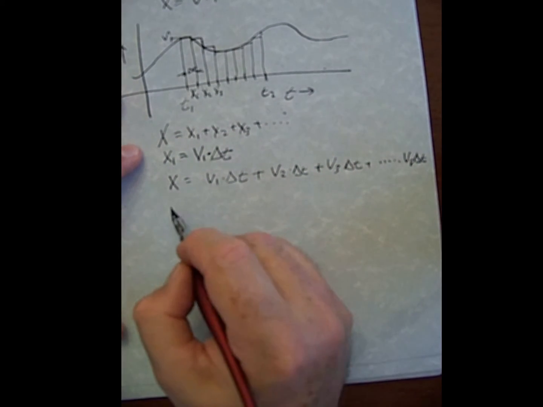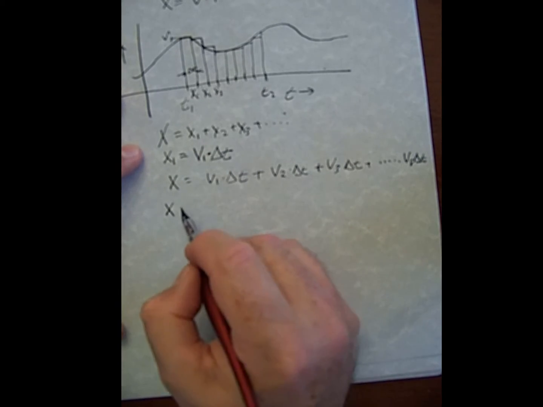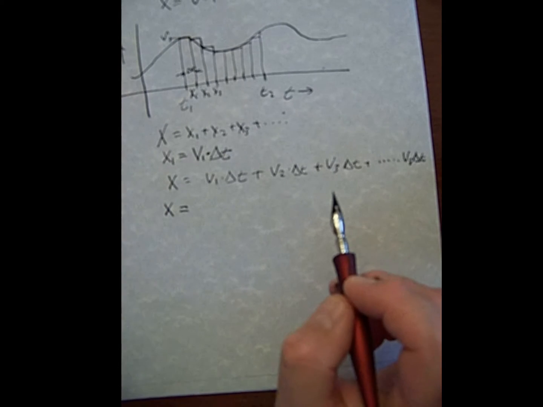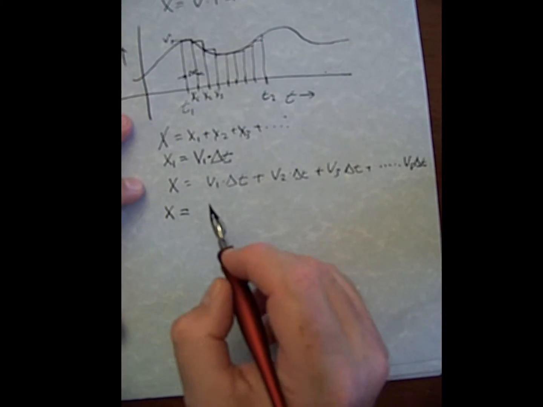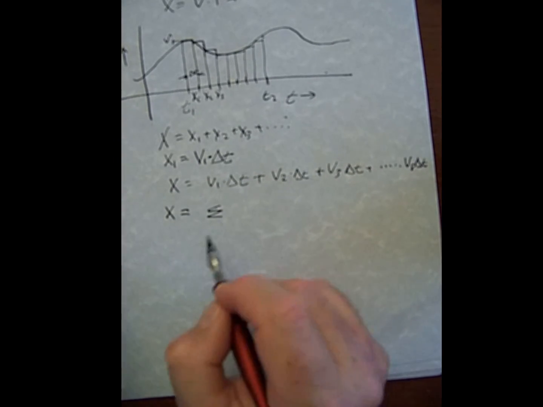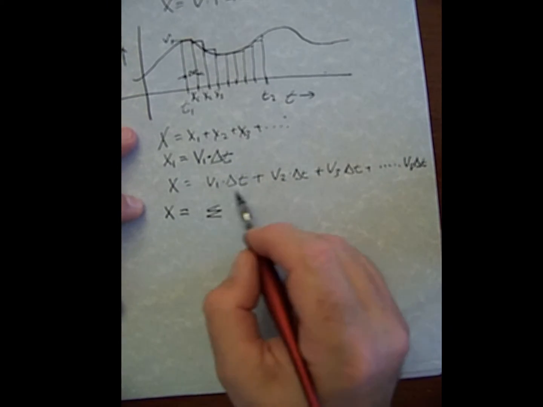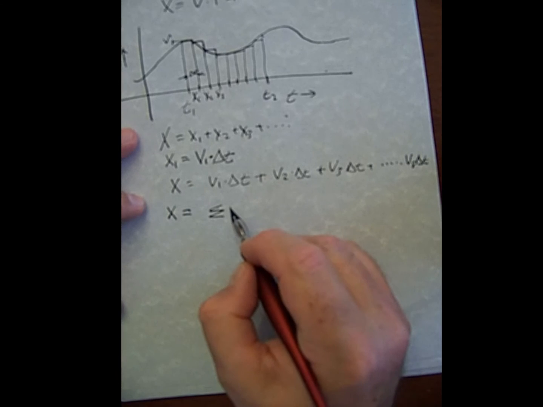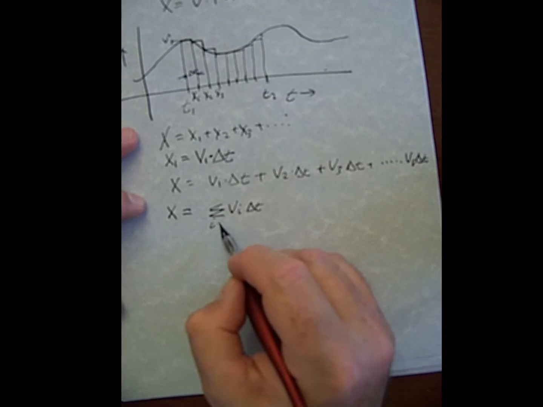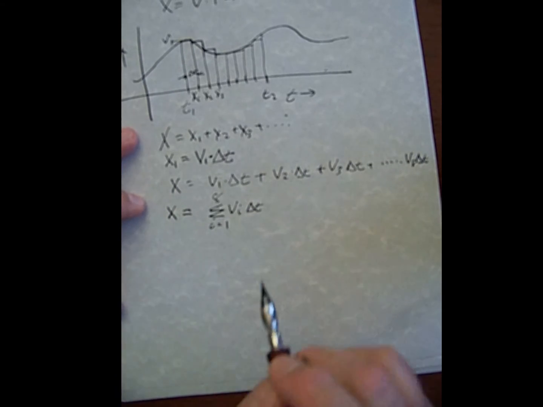So the way we write that in mathematical language, instead of writing out the sum longhand, we use an operator called sigma. The Greek letter sigma stands for sum, and we would write this as the sum of v sub i delta t as i goes from 1 to 8.